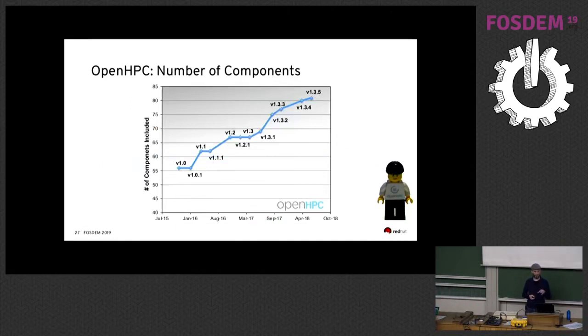And now I have a few diagrams about its usage. This is the number of components over time. You see it's not a really big number, but it has some components. It's slowly growing, so we're adding new things slowly to the project, which people are asking for, which people are submitting to the project and trying to get included.